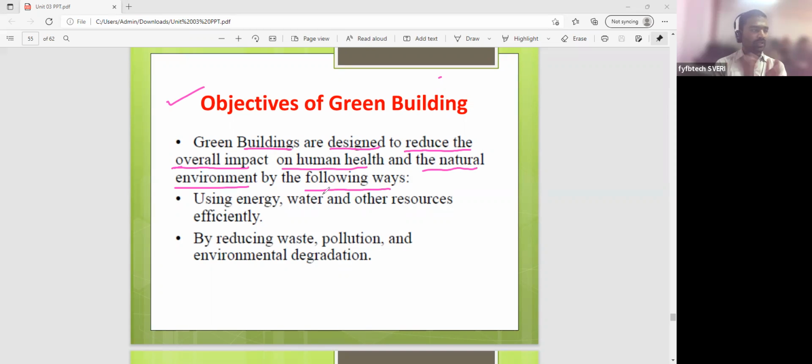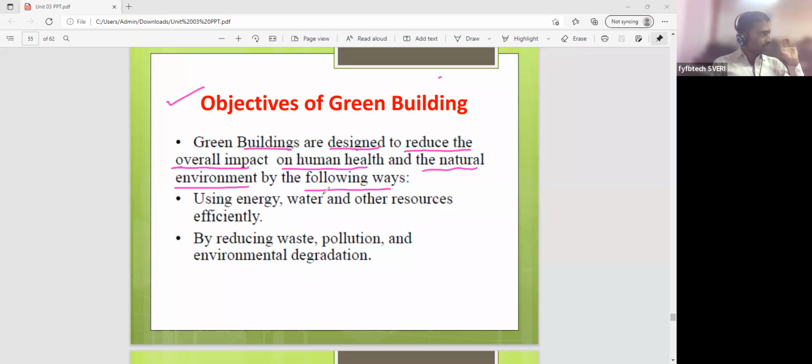If you construct a factory nearby the community, nearby the city, and that factory releases a lot of smoke, is it good for the community? It is not good. It is discharging liquid waste. Is it good for the community? No, it is not good.